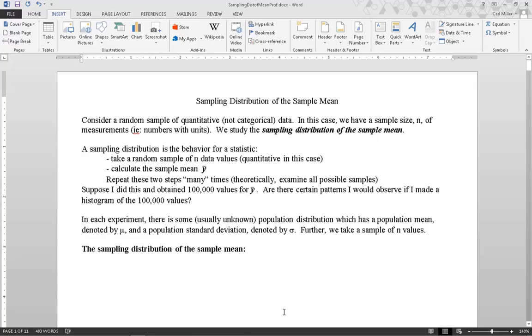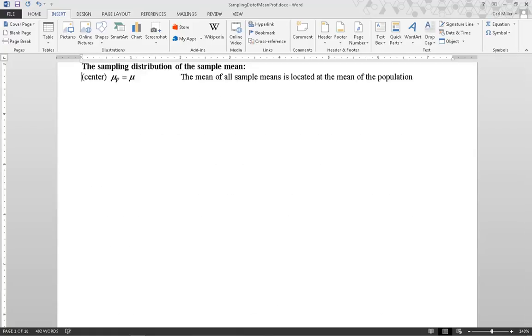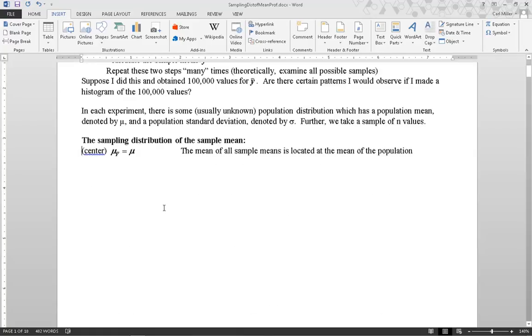Now, the sampling distribution of the sample mean, remember, for sampling distributions, I want to know first, where is it centered? Second, how spread out are the values? And third, does it look close to a normal curve? So let's look at these results.